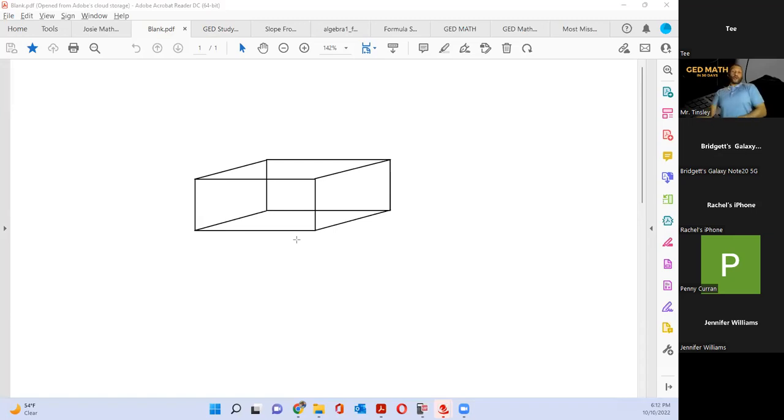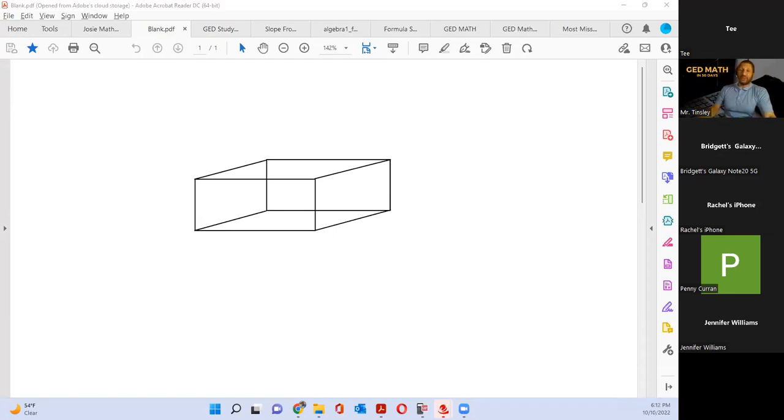So, surface area is exactly what it says. The area of each surface. That's all surface area is. So they want you to find the area of each two-dimensional surface and then add them all up.